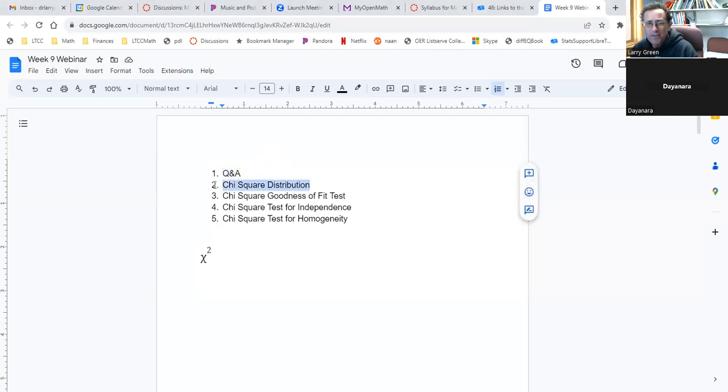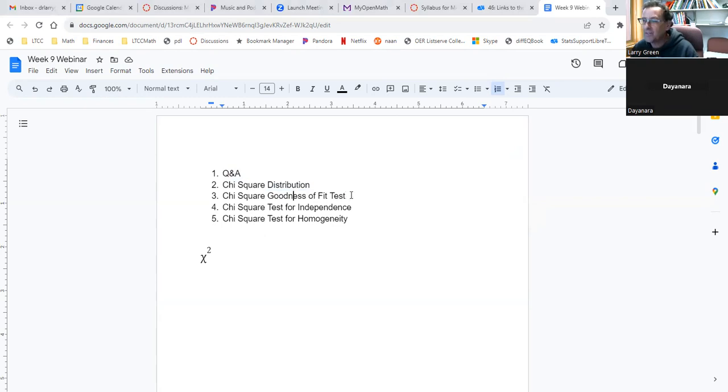And then we're going to use something called the chi-squared distribution. We've had other distributions already. We've had the normal distribution, the uniform distribution, the binomial distribution, the student's t-distribution. We've had a lot of different distributions, but this week is all about the chi-squared distribution.